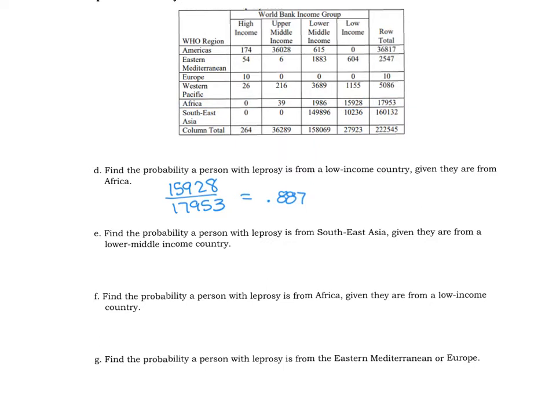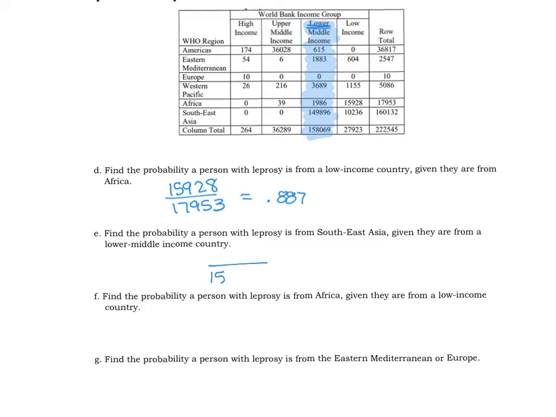Okay. All right, find the probability a person with leprosy is from Southeast Asia, given they are from a lower middle income country. So now we know they are from a lower middle income country. That highlighted column is the only column that we care about.